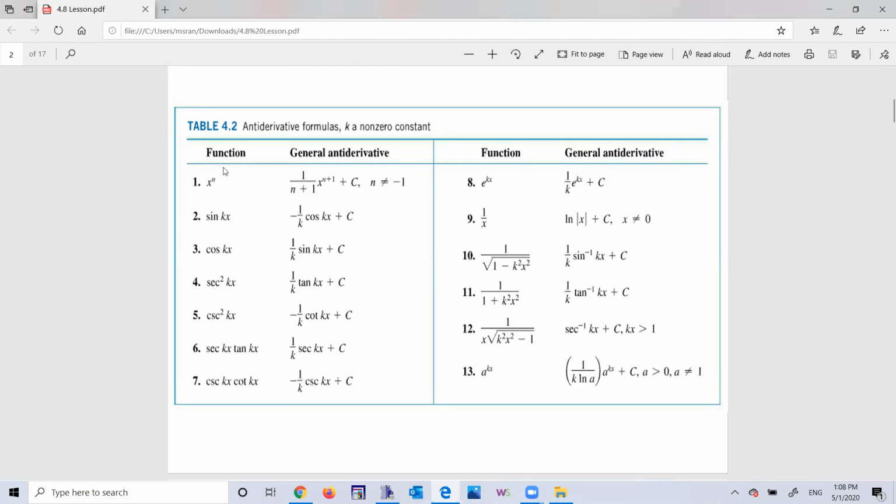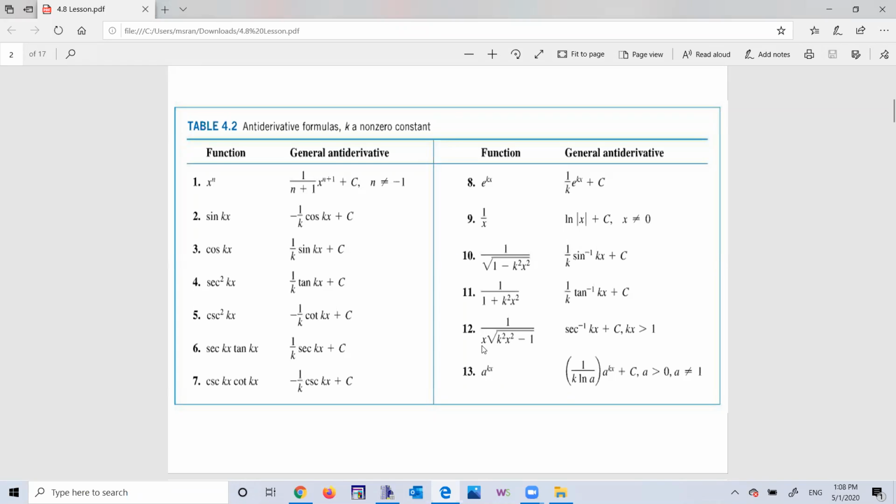The column where it says function, and there are two columns, 1 through 7 and 8 through 13, that's what is going to be given to you in the problem. So you can be given anything in the format of 1 through 7 or 8 through 13 in your problems. The antiderivative of each of these formats is what you see to the right-hand side of 1 through 7 or to the right-hand side of 8 through 13.